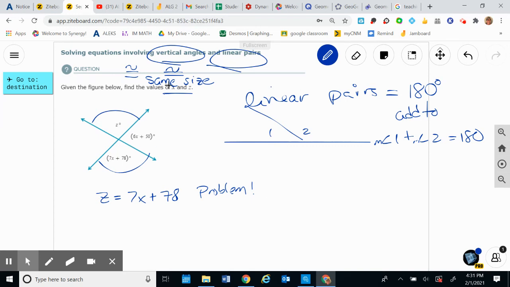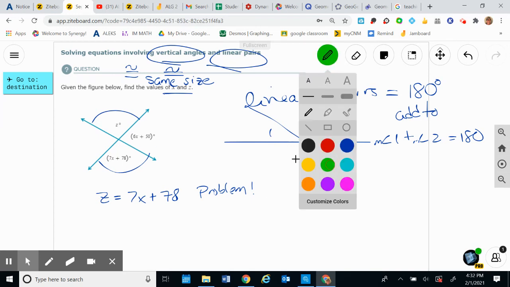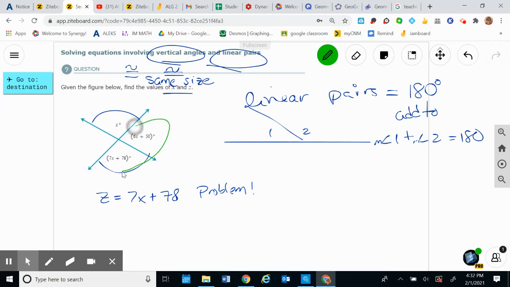Notice that these two both have x, and they are a linear pair. So you're going to say 6x plus 50, plus that angle, 7x plus 78, equals 180.